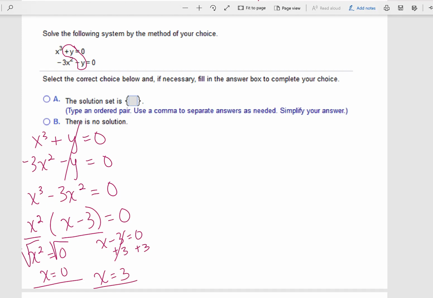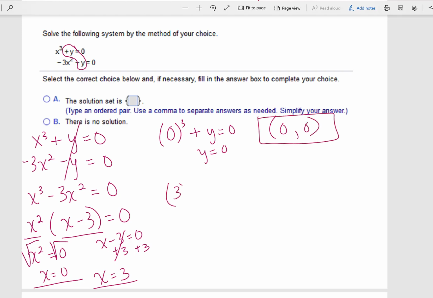Okay, now we're going to take each of those and plug it back into the original equation, either one, right? I'm going to go ahead and use that first one. So 0 cubed plus y equals 0. So when x is 0, y is also 0. That's one ordered pair.